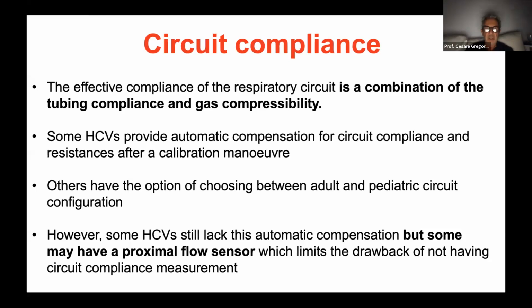Others have the option of choosing between an adult or pediatric circuit configuration. Others don't have automatic compensation, but have a distal or proximal flow transducer or sensor, whatever you want to call them. We completely limit the drawbacks of not having circuit compliance measurement, because flow is measured proximally to the airways, and this is the case, for example, of the LTV.